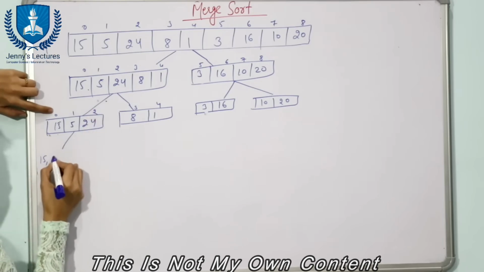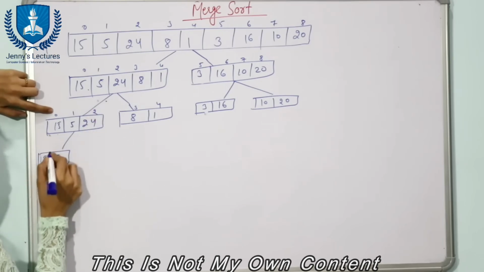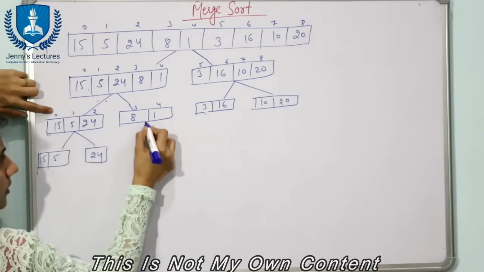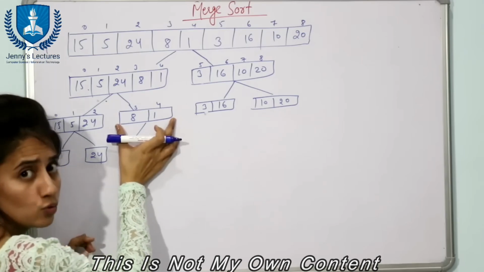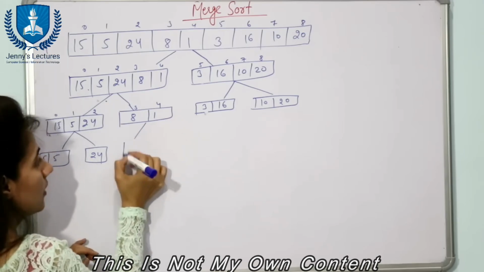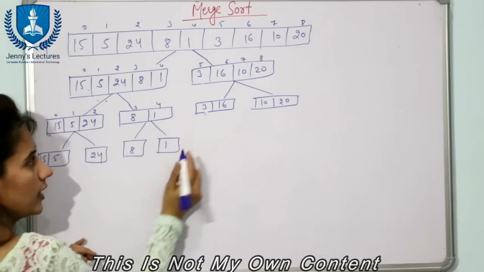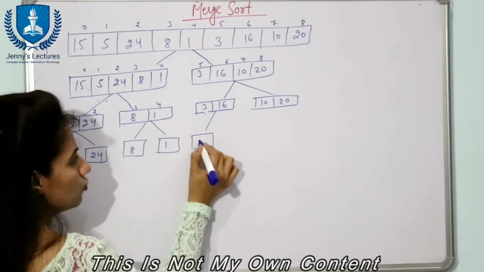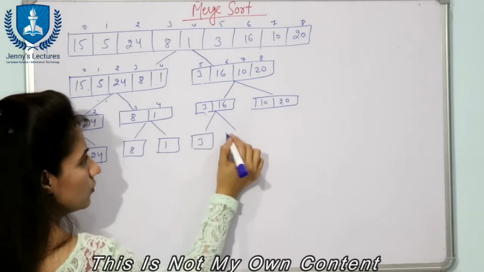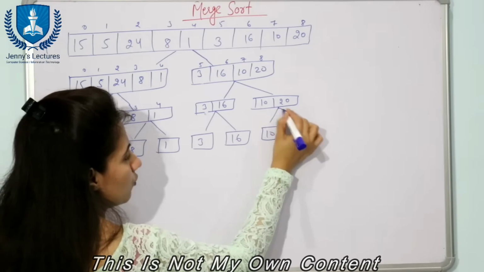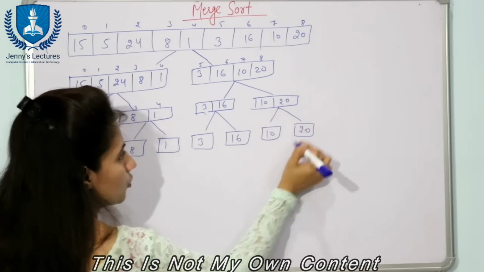So 15 and 5 would be in one list, and 24 in another list. The same way, 8 would be one sublist with one element. This would also be divided into two halves, one having element 3 and one having element 16. Here one has element 10 and one has element 20.